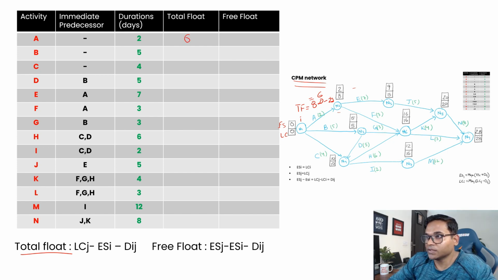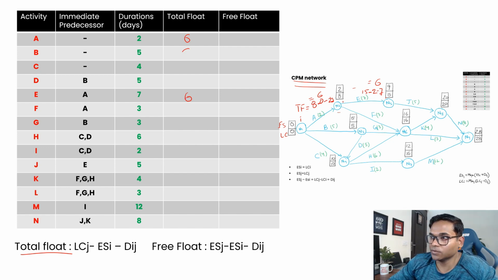Now let's calculate for E. Again, this is I and this is J. The late completion is 15, minus the early start 8, minus the duration 2, which gives you 6. So the total float for E is 6.